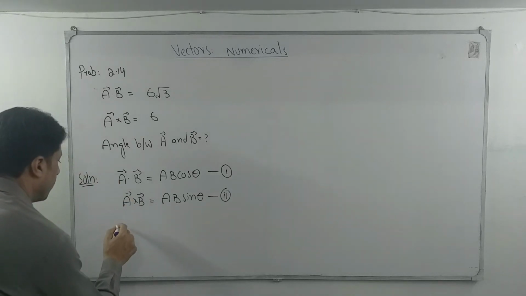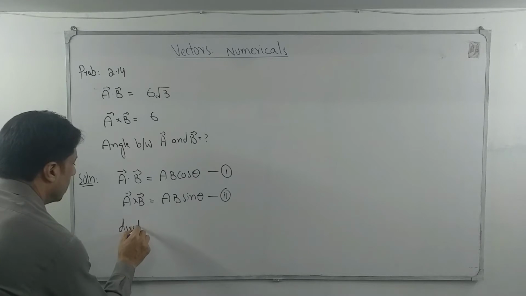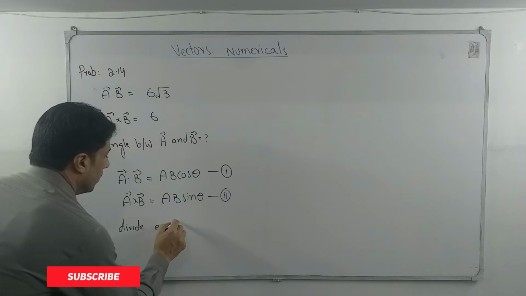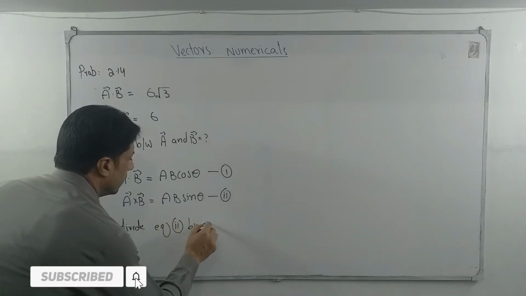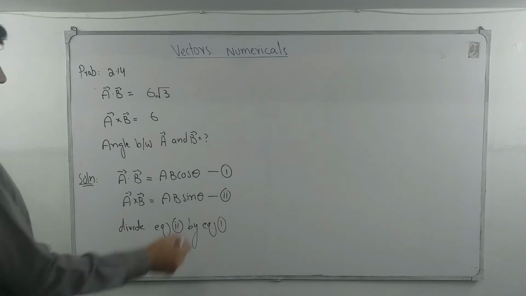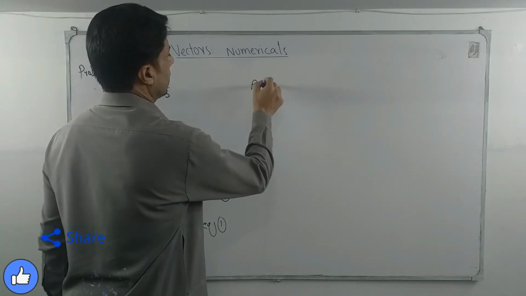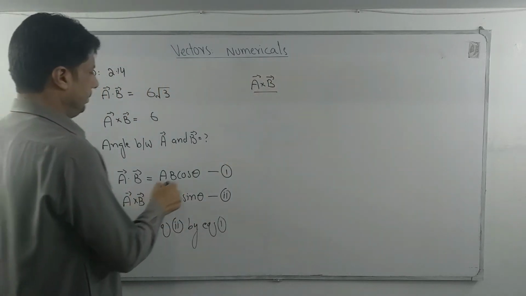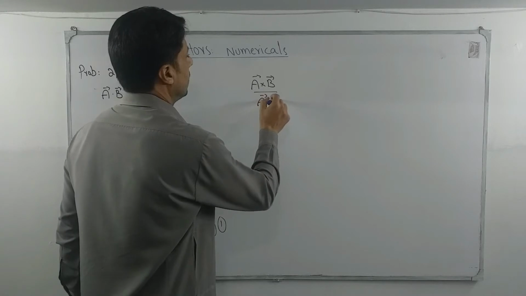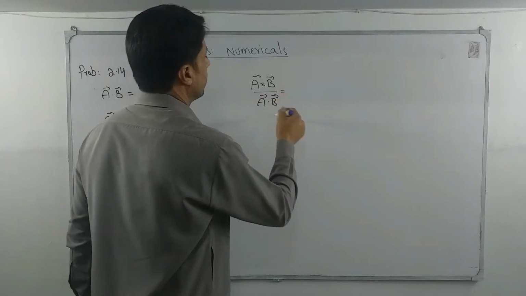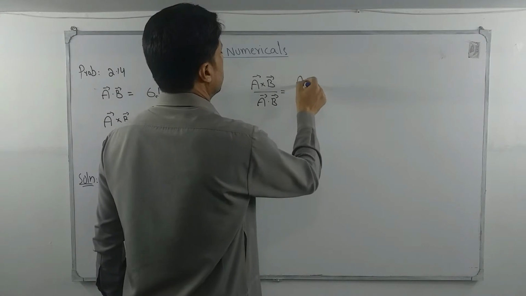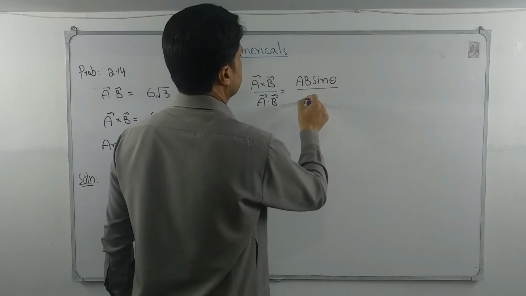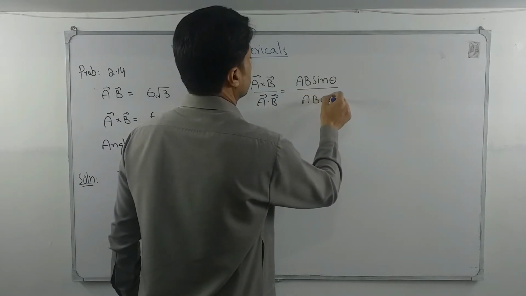So divide equation 2 by equation 1. A cross B upon A dot B is equal to AB sin theta divided by AB cos theta.